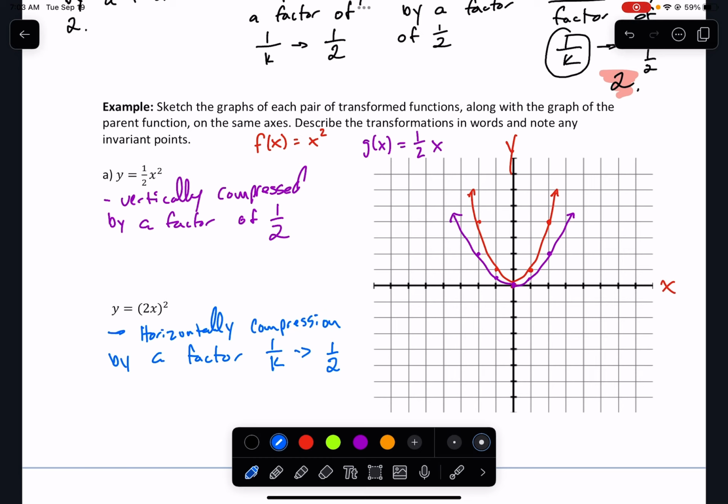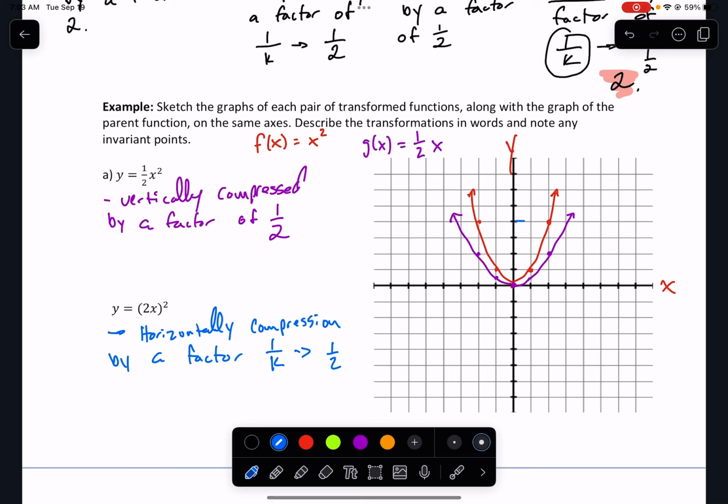And horizontally, okay? Just to distinguish between the vertical compression by a factor of a half and a horizontal compression by a half, we're going to see that the two graphs are kind of opposite. The red graph, with a horizontal compression, horizontally being left and right, is now going to become skinnier.